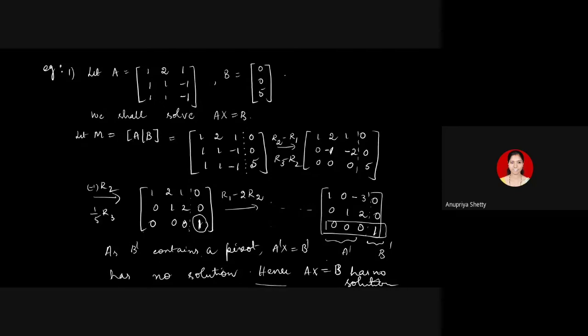So the first example had a unique solution. This has no solution. We will look at one more. So that was the second example, making some minor changes in the previous system itself.